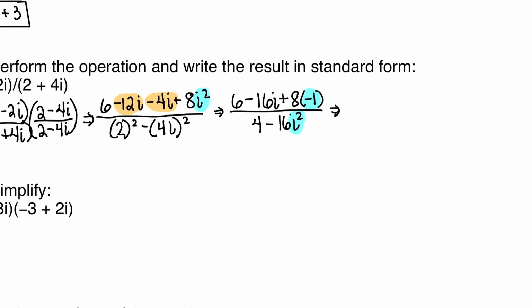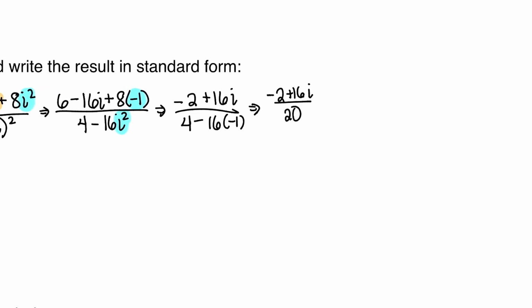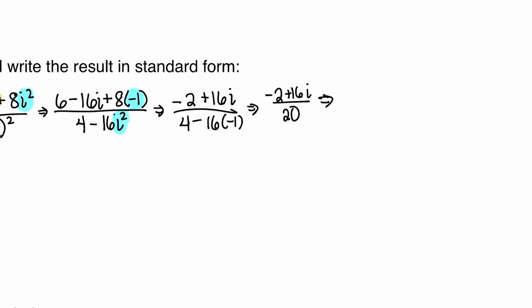So in the numerator we're going to have 6 minus 8, that's going to be negative 2 plus 16i. In the denominator, we'll have 4 minus 16 times negative 1, and that's going to be 20. Now, all of these numbers are divisible by 2, so we can go ahead and divide them by 2.